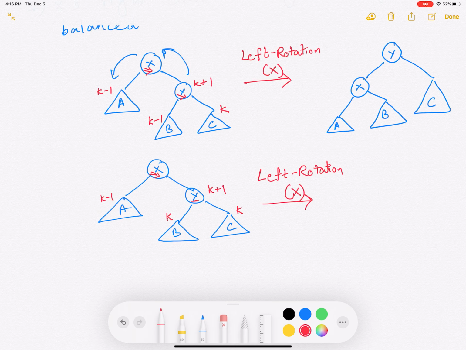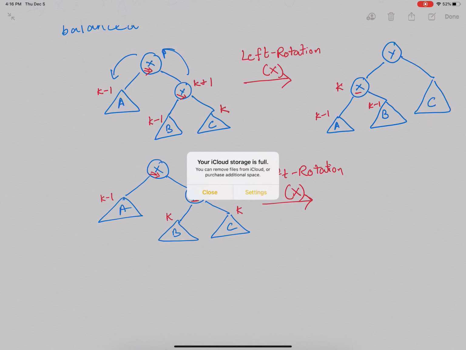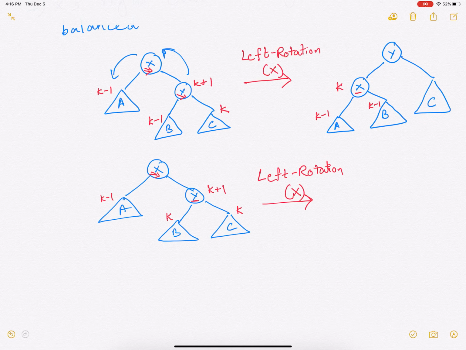A has a height of k minus 1, and B also has a height of k minus 1. Therefore, X is going to be balanced and is going to have a height of k. C is also going to have a height of k, and Y is going to be balanced. So we have fixed this imbalance by this left rotation.